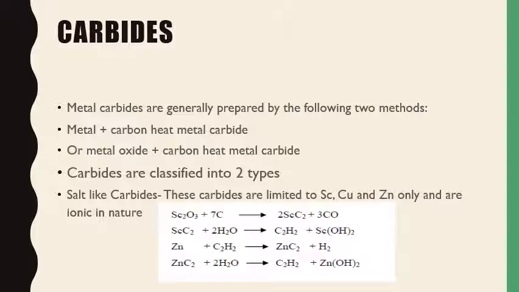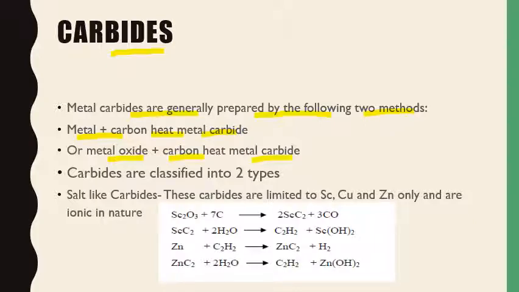The next binary compound is the carbides. The metal carbides are generally prepared by two methods. Directly, when the metal reacts with carbon and is heated, it produces the metal carbide. The other method is that the metal oxide, when heated with carbon, produces the metal carbide.